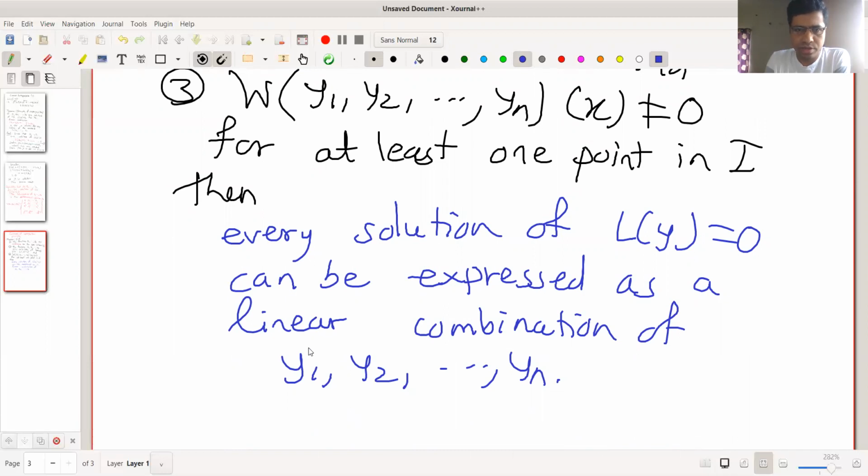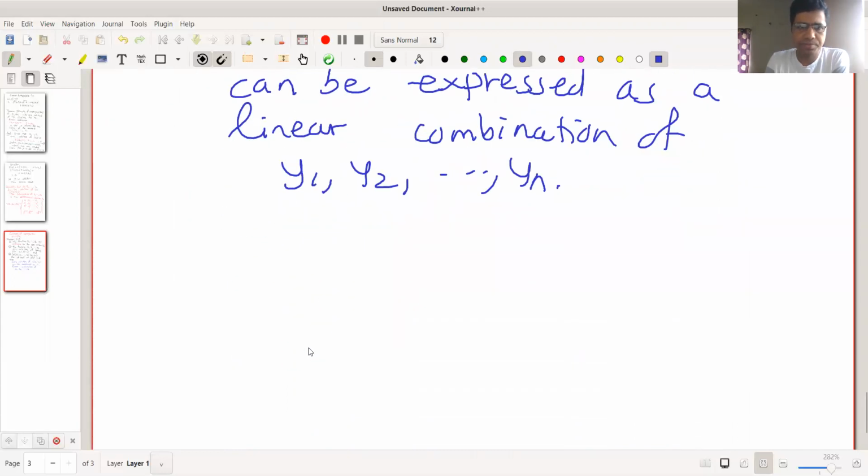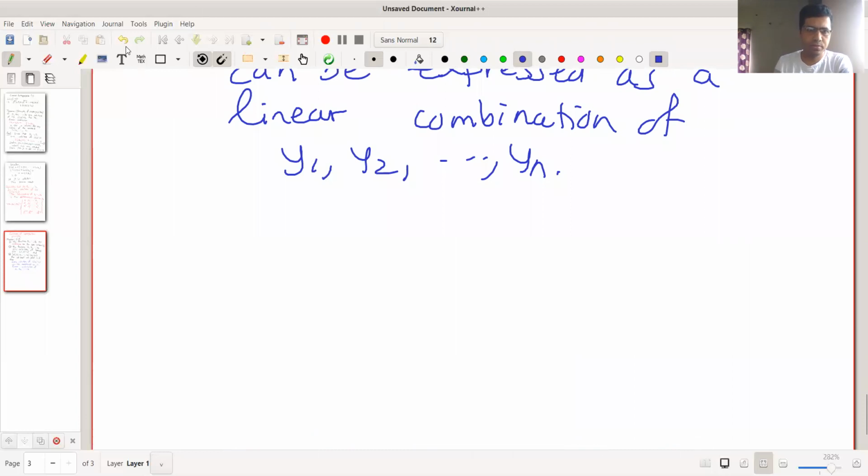Okay, let us see the proof. We see the proof in two steps.